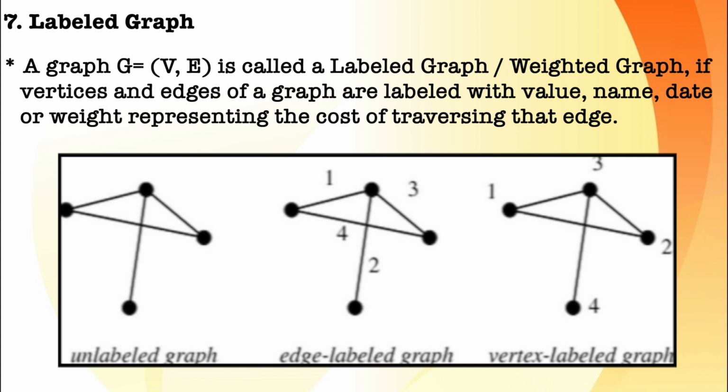An unlabeled graph will not contain any value in the edge and the node part. An edge labeled graph will contain values in the respective edges or in all the edges. A vertex labeled graph will have values at the nodes of the graph.